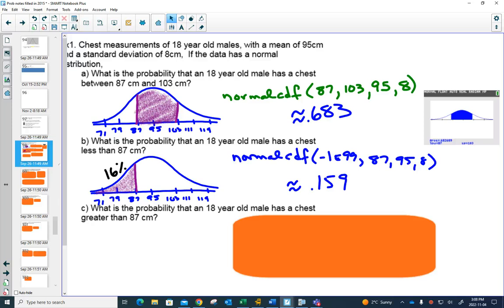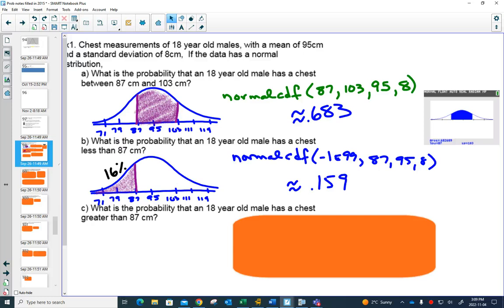With that -1e99, it would technically include all of the values, supposedly off to negative infinity. But as soon as you go 5 standard deviations above and below, it's already so rare that its probability is basically 0, anything above 5 standard deviations.